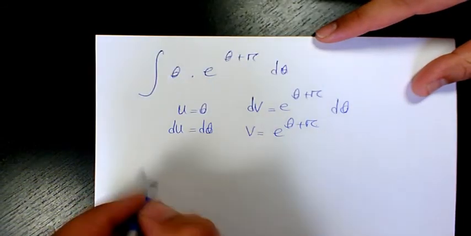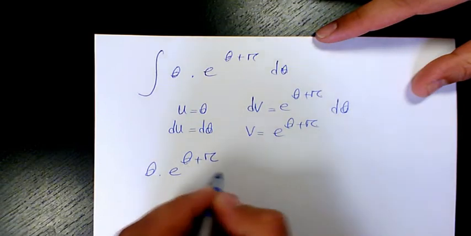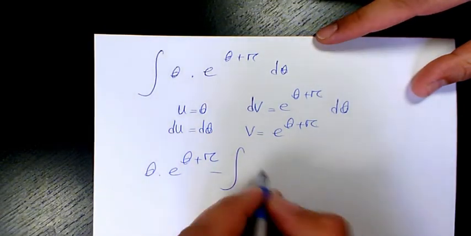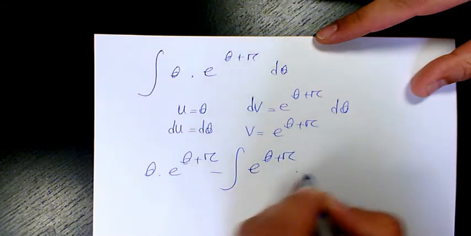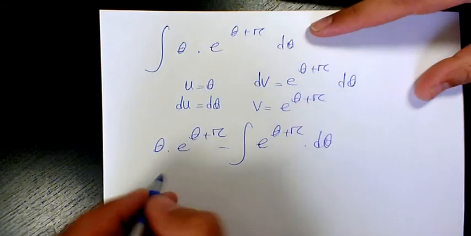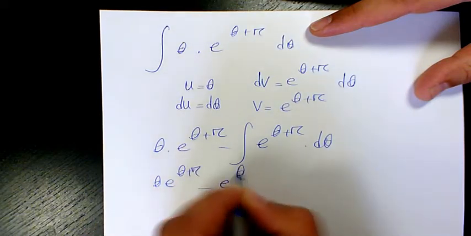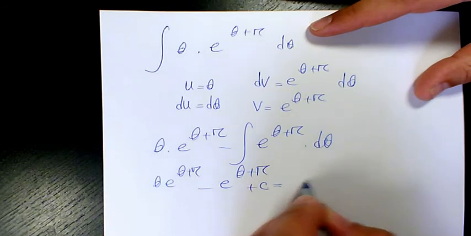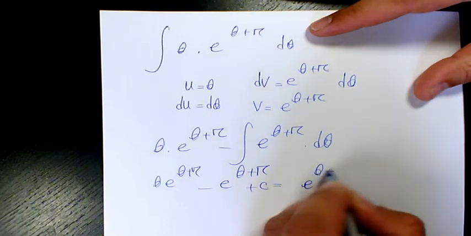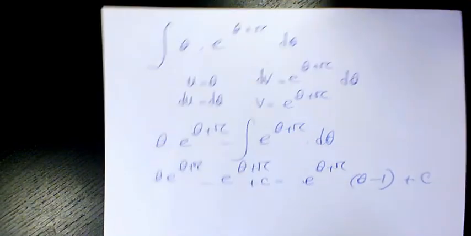So we have u times v, so theta times e to the power of theta plus pi, subtract v du, which is e to the power of theta plus pi times d theta. So we have theta e to the power of theta plus pi minus e to the power of theta plus pi plus a constant number. So e to the power of theta plus pi, theta minus 1, plus c.